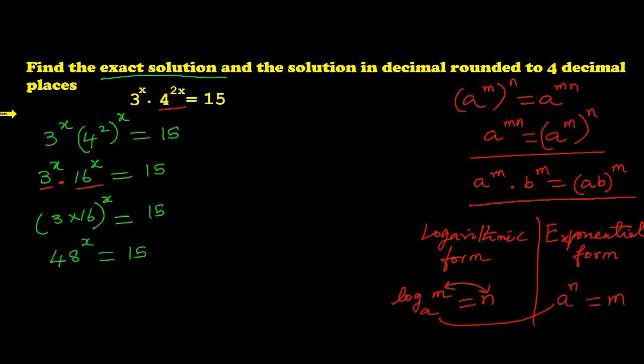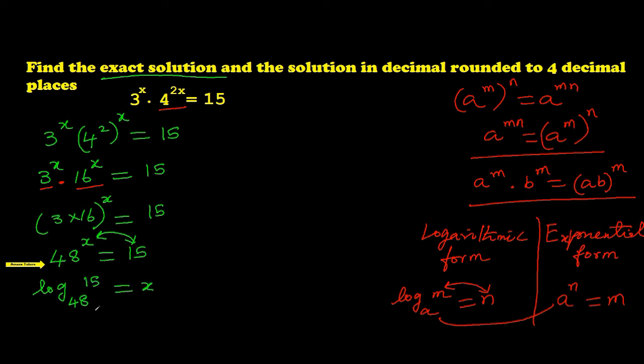So here in our question, we have exponential form, so we are going to convert from here to here. The base should be the same. What is the base? 48. So I will have log with the same base 48, but 15 comes here, x goes there on the right side.